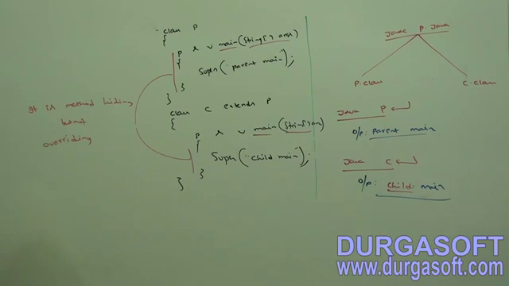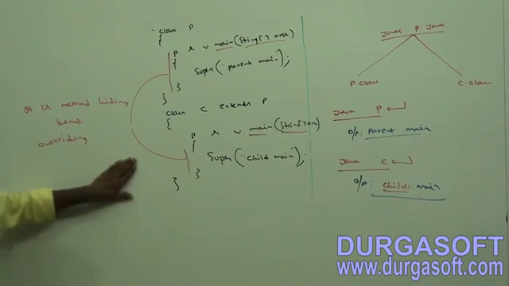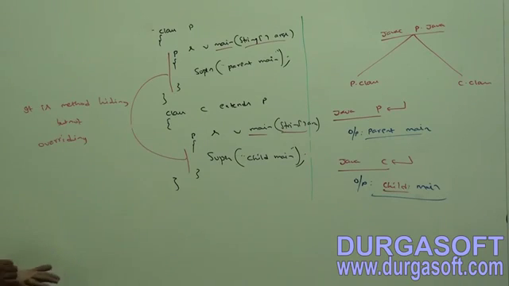Method hiding but not overriding. Completed, I hope. Okay, clear for you, right?